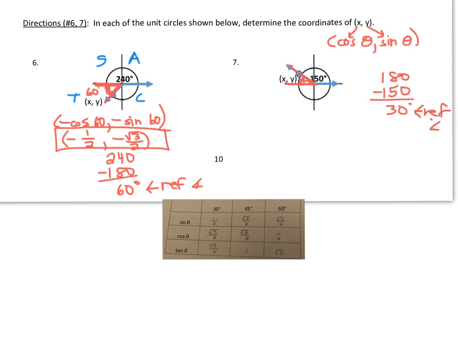Okay, there's our reference angle. So now what we're looking for is cosine of the reference angle, cosine of 30 degrees, and sine of the reference angle, sine of 30 degrees. Let me just put the 30 degrees in here. All right, so here we're looking for, and I'll leave a space in case we have to insert a sign, cosine of 30, and then sine of 30.